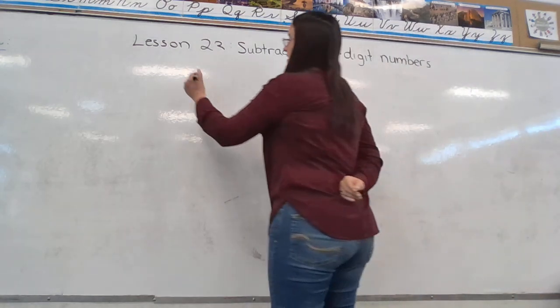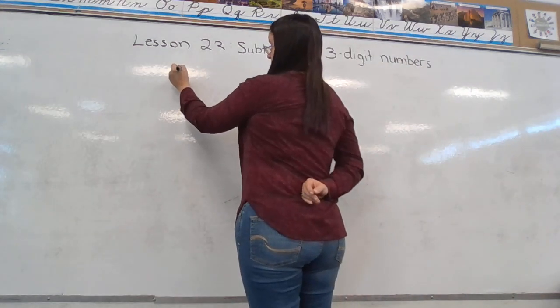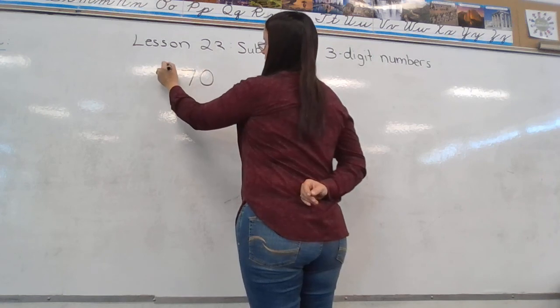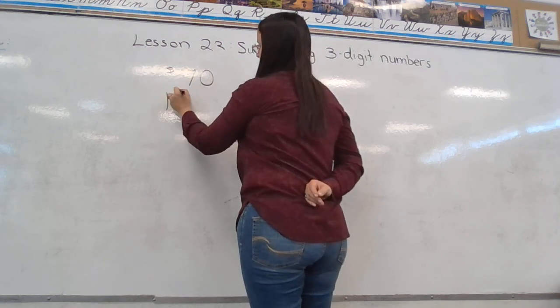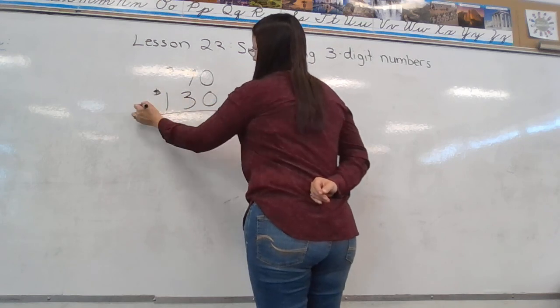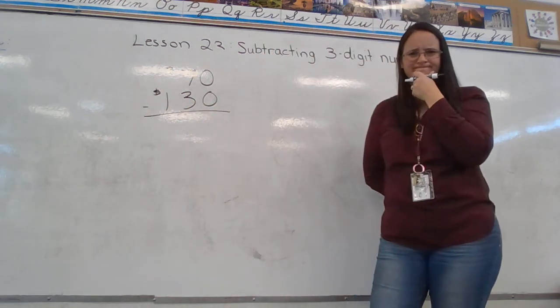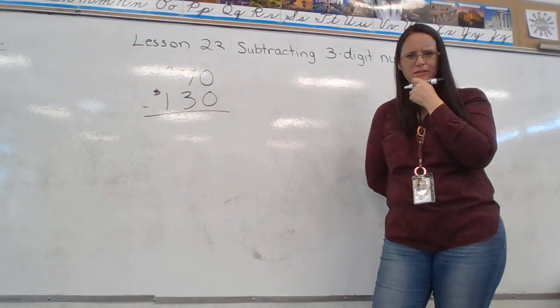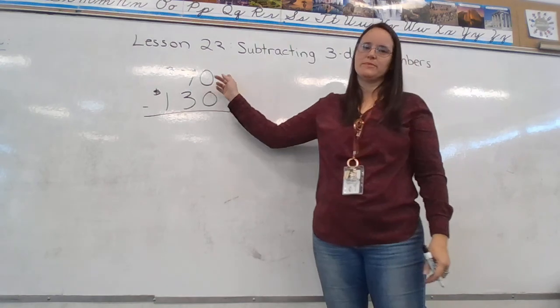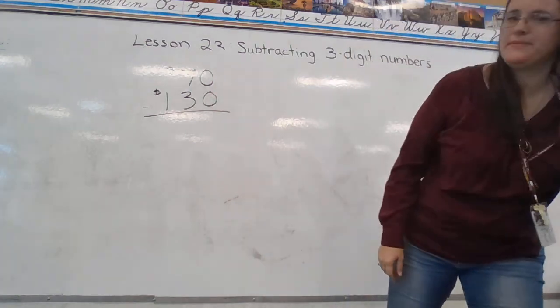So, if I wrote it the way it's written in the book, the groceries cost $70, the customer has $130, and that's a subtraction problem. What's wrong with that problem? The small numbers at the top, that's not going to work.